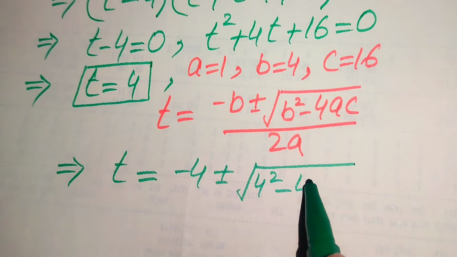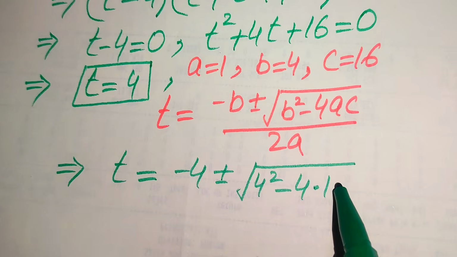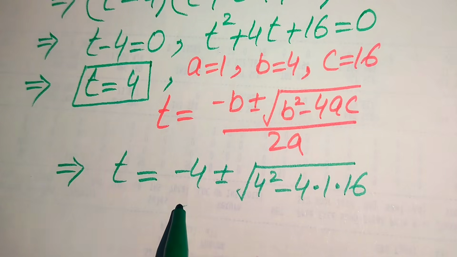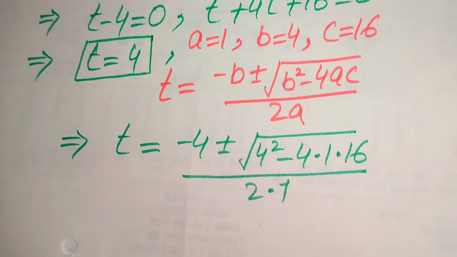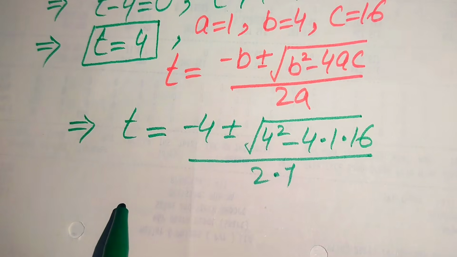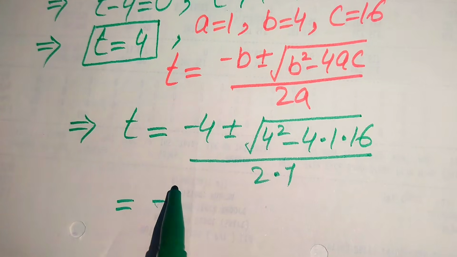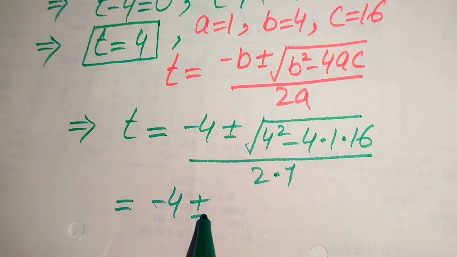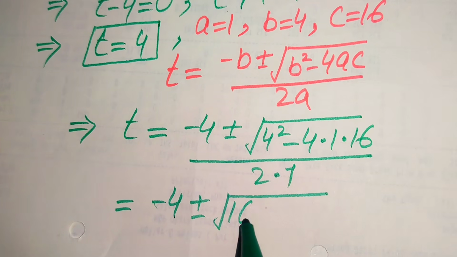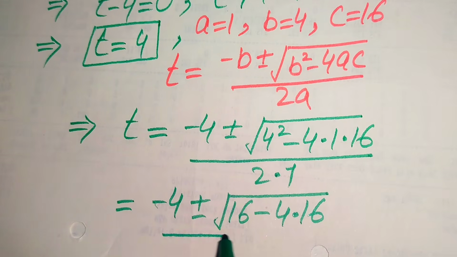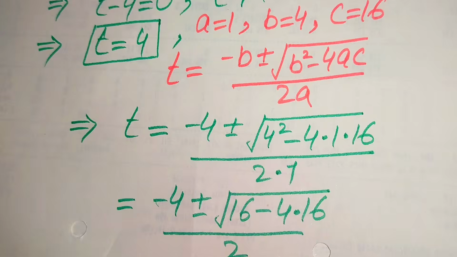B is 4 squared, minus 4 times a, which is 1, and c is 16, and it is divided by 2 times a, and here our a is equal to 1. Here we simplify, and it will be written as minus 4 plus minus the square root of 4 squared, which becomes 16, minus 4 times 16, divided by 2 times 1, which is equal to 2.